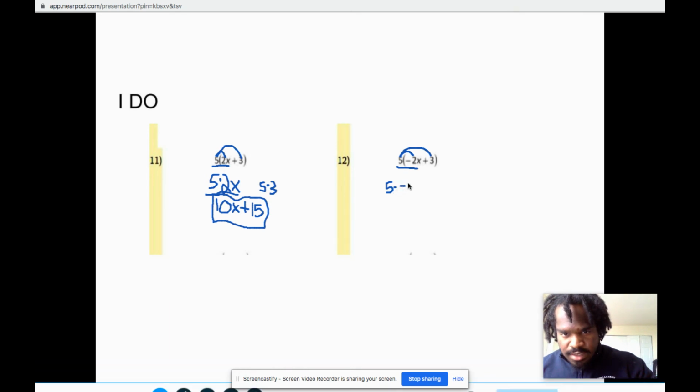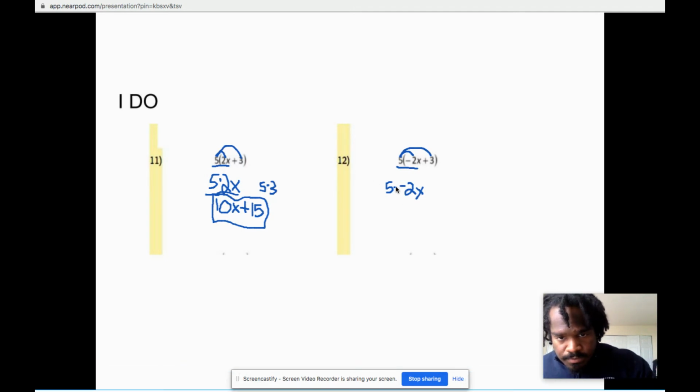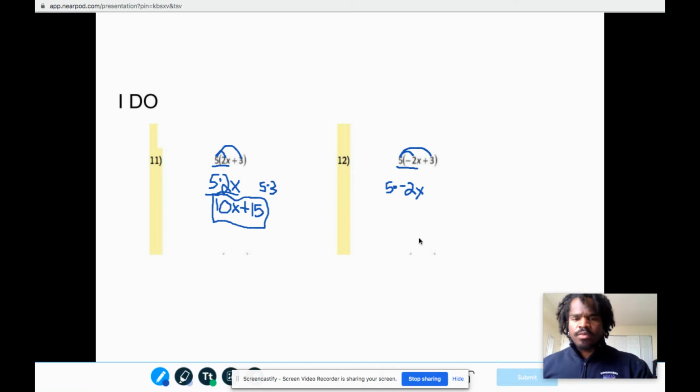negative 2x. Now, if you remember from last year, you know that if you're multiplying a positive and a negative, that you get a negative, right? It's like love times hate gives you hate, right? It kind of outweighs it. Or war and party. Different ways to talk about it.